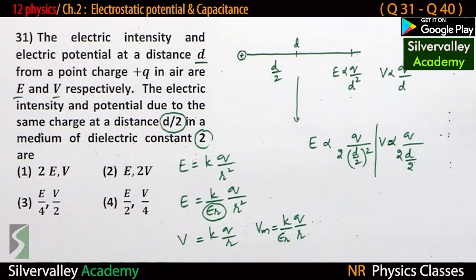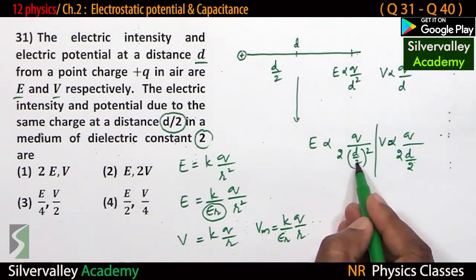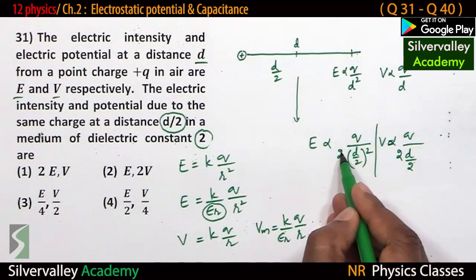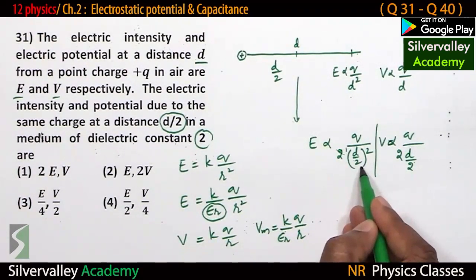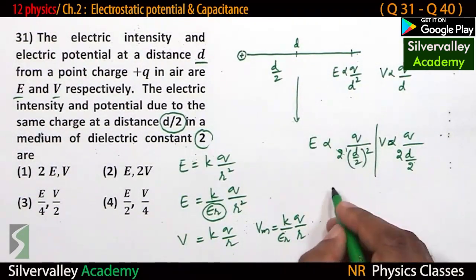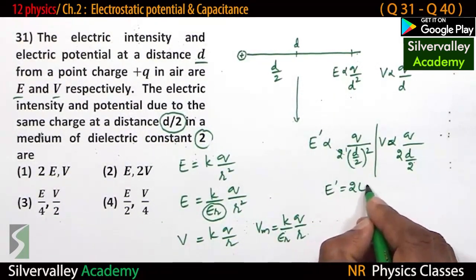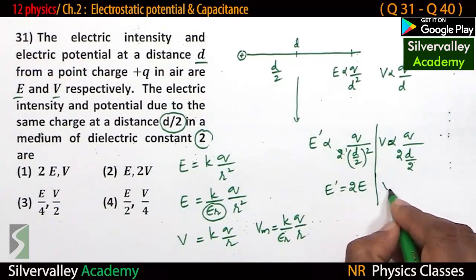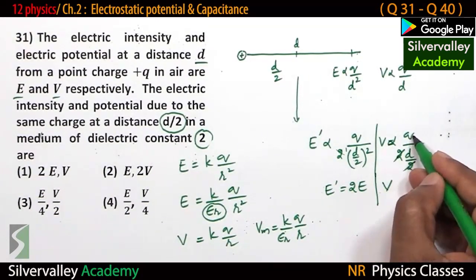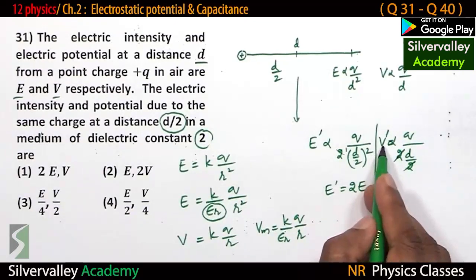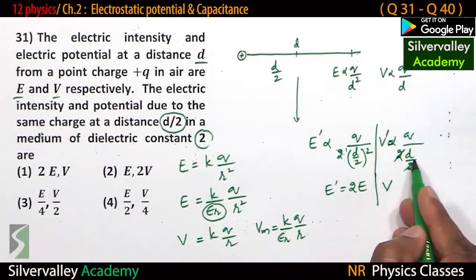Fine. Observe carefully. 2 square is 4, 4 by 2 is 2, 1 by 2. That 2 goes to the numerator. So the new electric field is 2 times E, and in the potential the 2 gets cancelled, q by d. So the new potential is q by d.